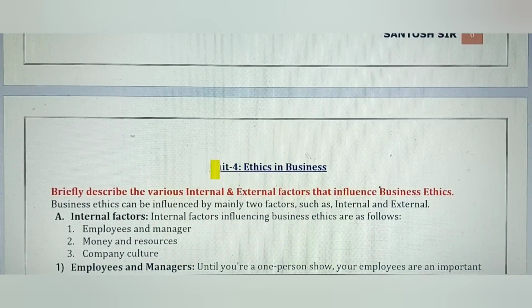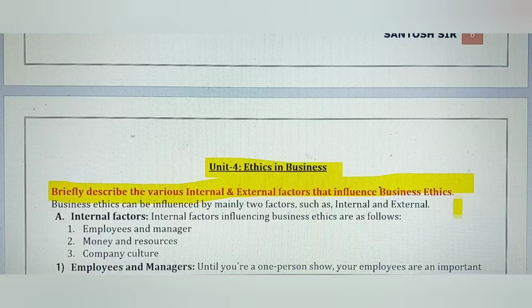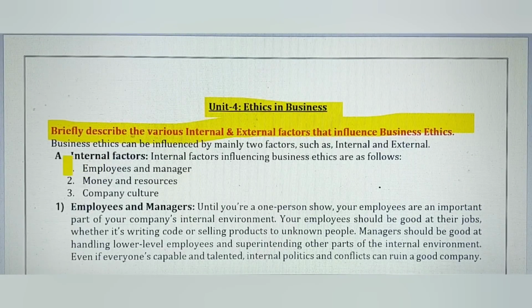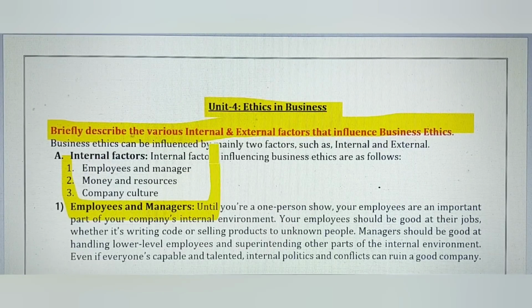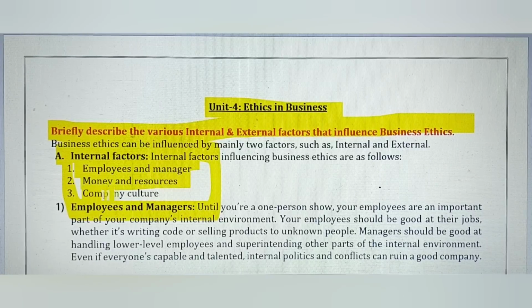The next unit is Unit 4, ethics in business. Briefly describe the various internal and external factors that influence business ethics. Among the internal factors, we have three types: employees and managers, money and resources, and company culture.